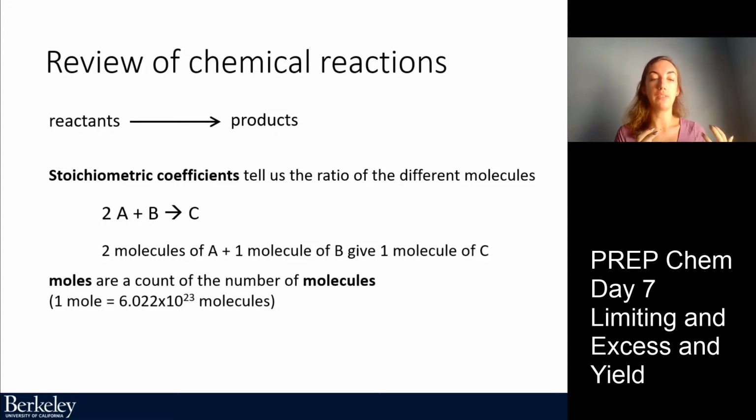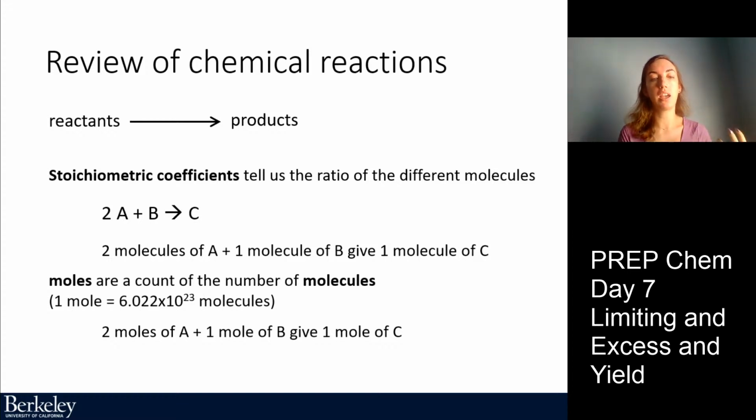If I had 2,000 molecules of A and 1,000 molecules of B, that would give 1,000 molecules of C. So the same thing applies to moles. So 2 moles of A plus 1 mole of B gives 1 mole of C.